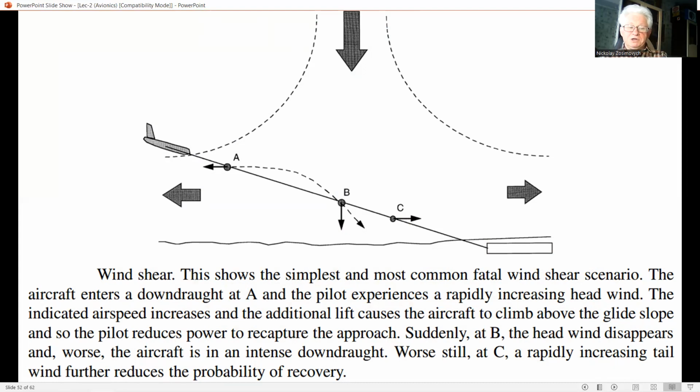Ground proximity warning systems, GPWS, are a very valuable aid in avoiding terrain, and enhanced GPWS will extend this protection still further.